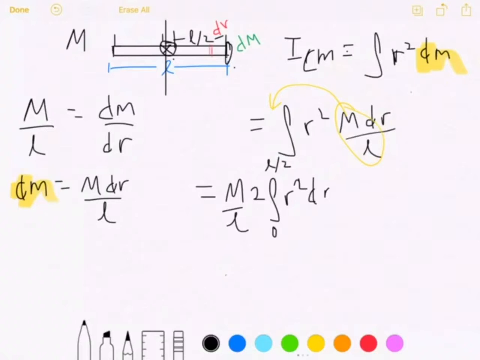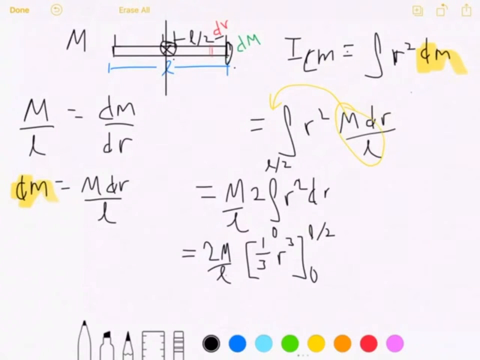So we simplify that. We're going to plug in 0 for r and L over 2 for r once you take the integral. So let's write that out here. So we'll have 2M over L times 1/3 r cubed from 0 to L over 2.